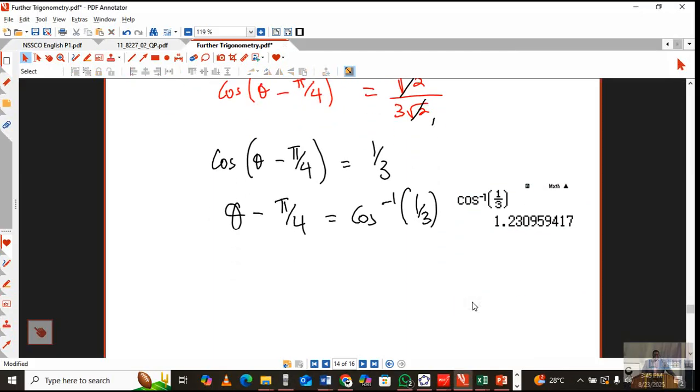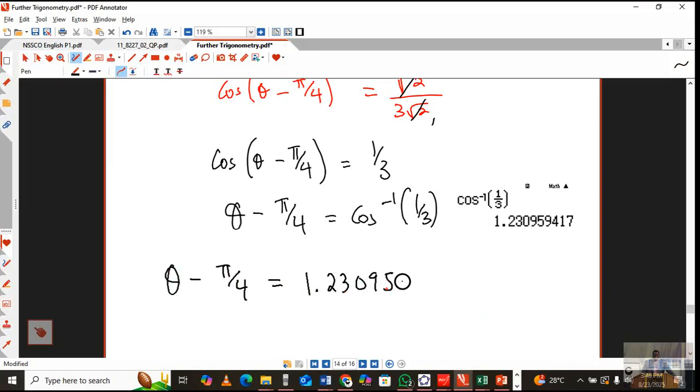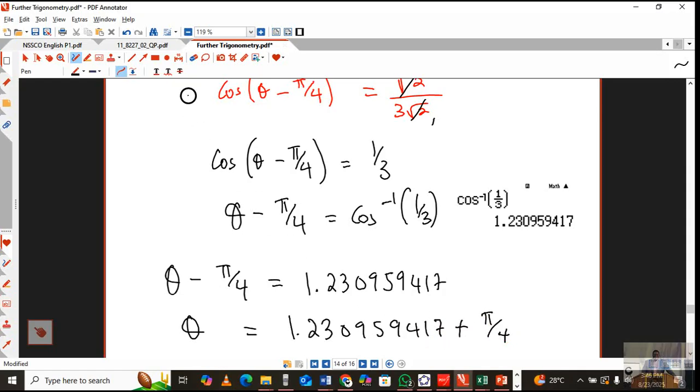So what it now means for theta is that theta minus pi over 4 equals 1.230959417. Then theta will be the same story over here. Add pi over 4, because you are now adding pi over 4 to both sides.